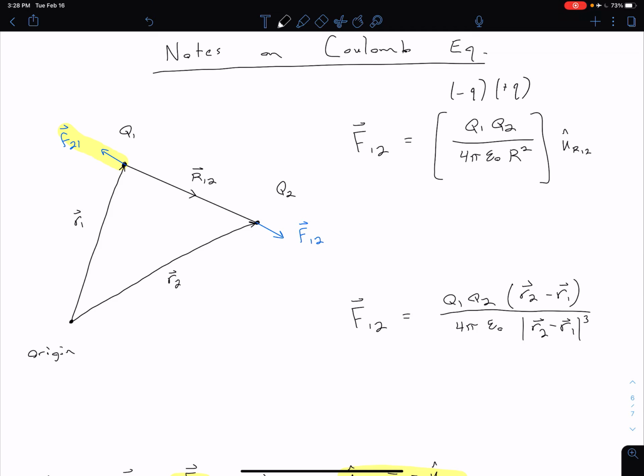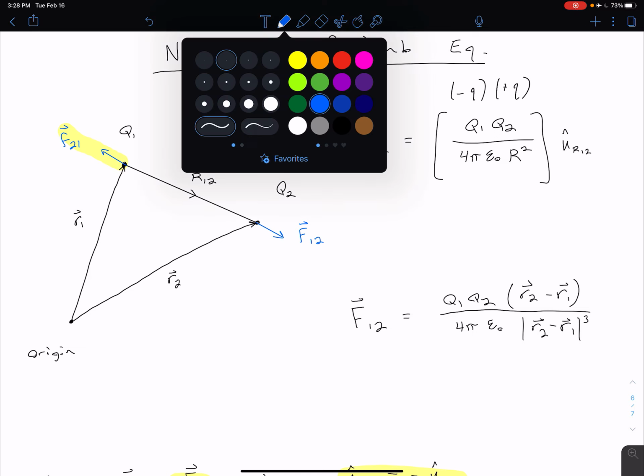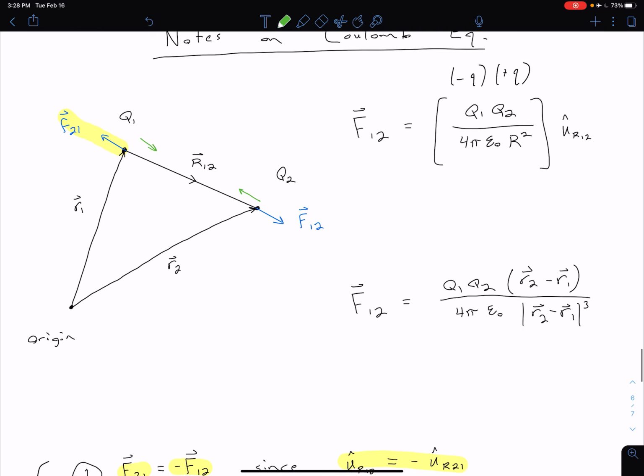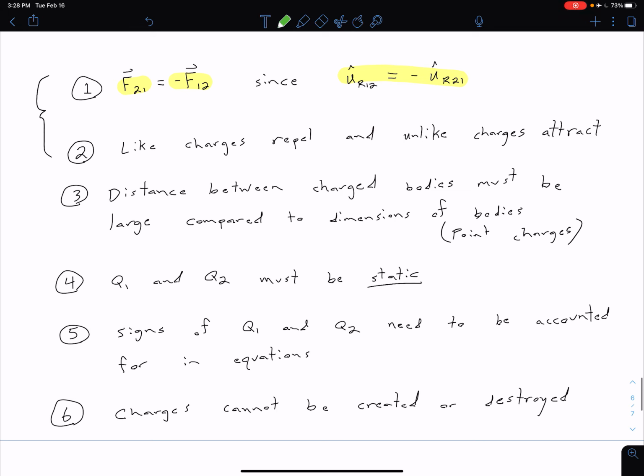That's going to give us this additional negative sign. So now our F sub 1, 2 would be going in this direction, and this would be in the opposite direction, so we'd have forces moving towards one another.